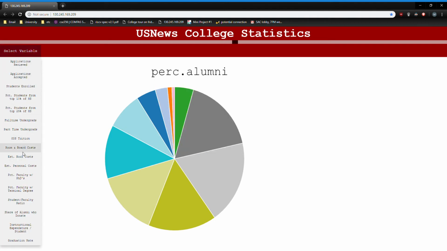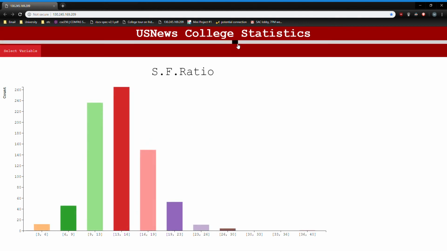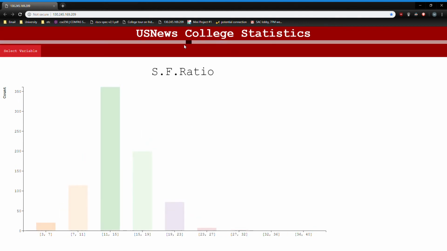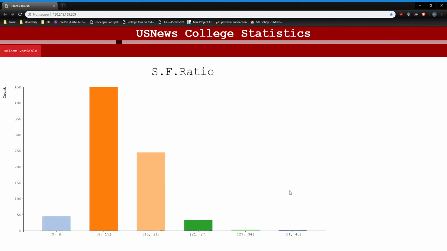I'll show you now a rebinning of the student-faculty ratio bar graph. Reduce the number of bins here. As you can see, there's outliers on this side, smaller number of outliers on this side from boutique schools with small student-to-faculty ratios, but most schools are in this general area.